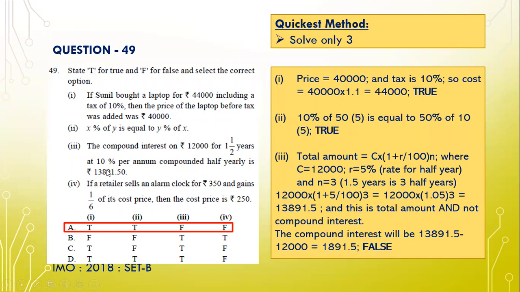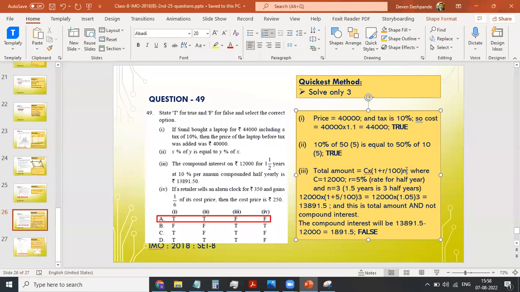Because how can just the compound interest be greater than the amount? Let's try. What is the actual principal? It is 12,000. Rate of interest is 5%, because rate of interest per half year is 10 upon 2, which is 5%. The amount is P into 1 plus R upon 100 raised to n.